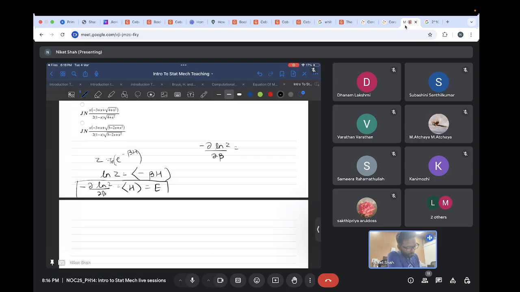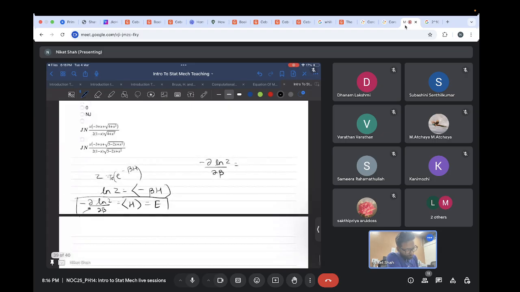I can't take 1 by beta common outside because the expectation itself actually involves beta. But nonetheless, this is the expression for energy: minus del ln Z by del beta.